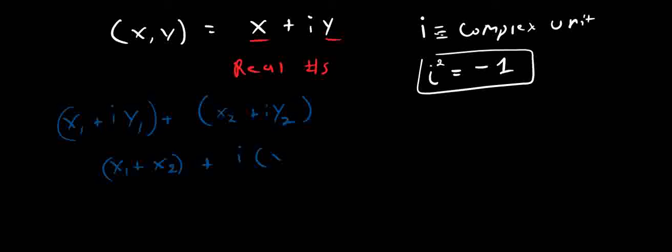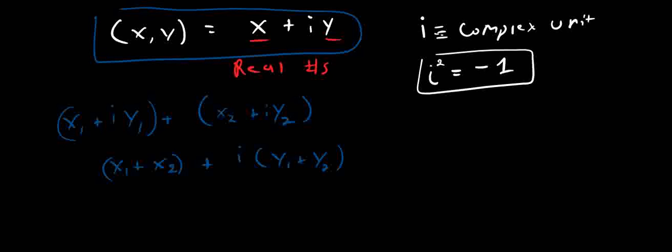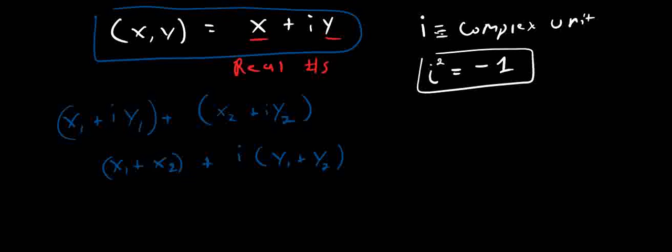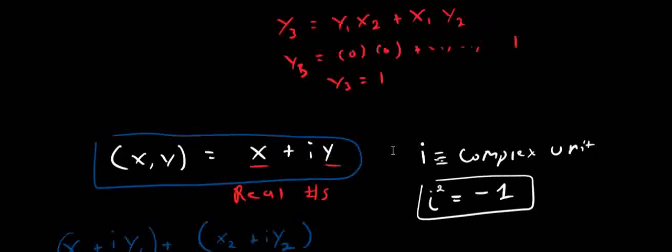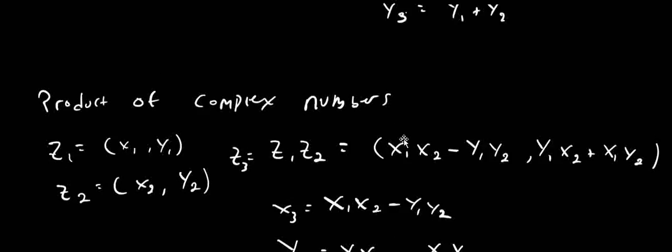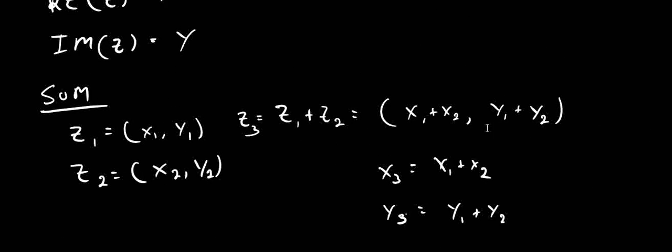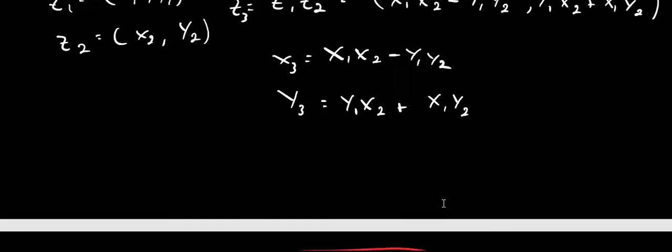We get i times (y1 plus y2), and with this above definition, when we convert backwards, we get the rule for the sums exactly as we had before. So if we scroll back up in our document, we should be able to see that. Right here. It's the exact rule when we work in reverse, which is intuitive and makes sense.